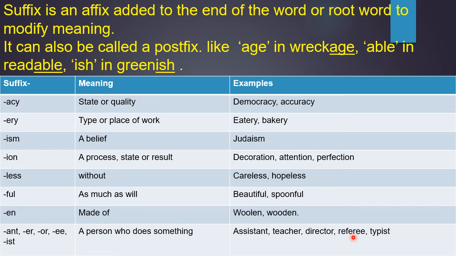In a football pitch, you have the referee that dictates what happens in the game. The referee, remember I said such words could also end in EE. And the next one is IST. Example, typist. So whenever you come across any word that has this suffix attached to it, try to know the meaning. Do not say, I do not know what that word means. No, but try to know.